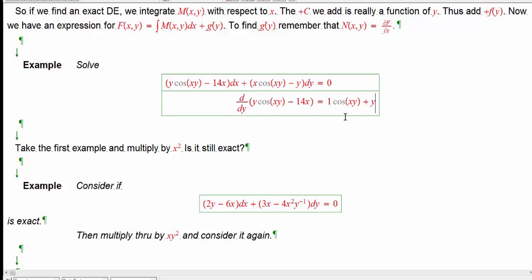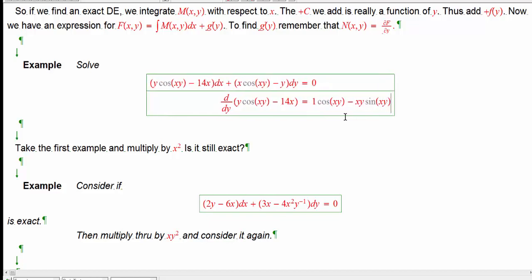So that's going to be chain rule for the cos xy. Remember, I'm differentiating with respect to y. So that's going to be minus xy sine xy. So all of this is just the derivative of y cos xy with respect to y.